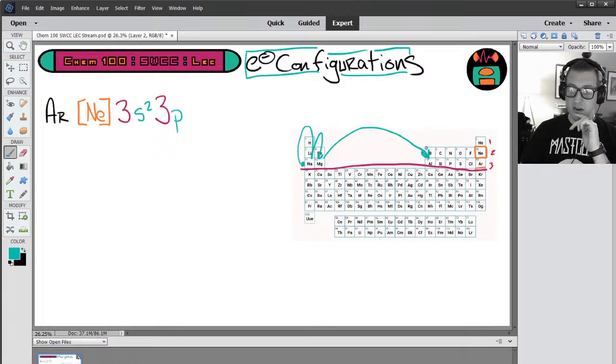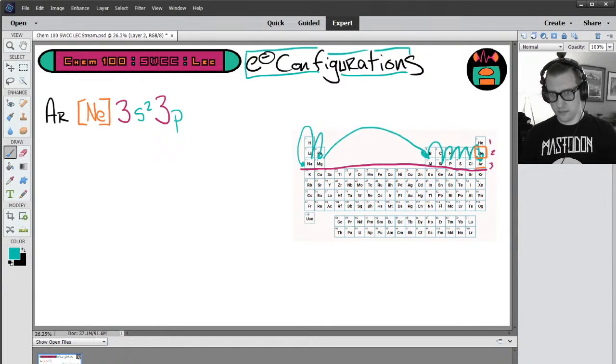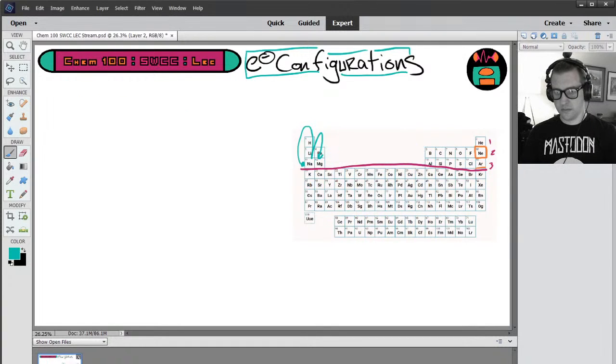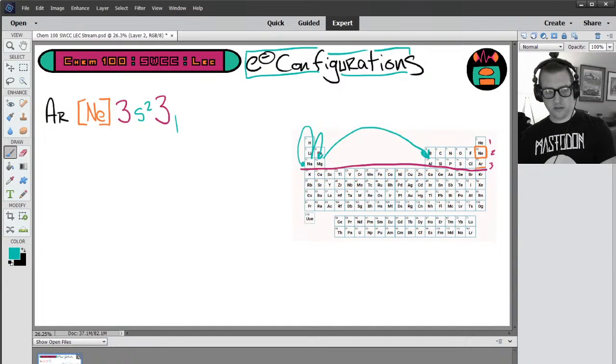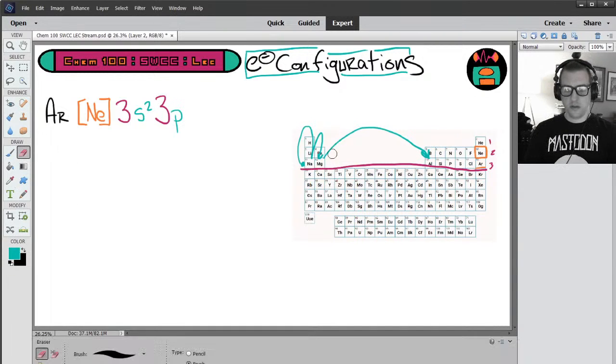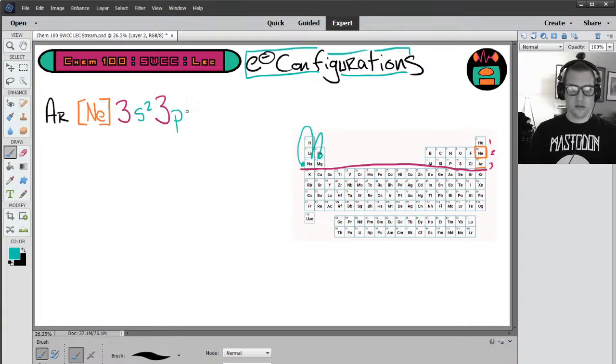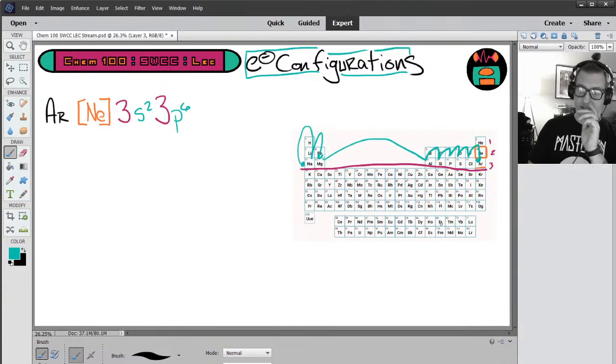Now we're about to fill P. And to get to argon, we have to move 1, 2, 3, 4, 5, 6 spaces into the P block.